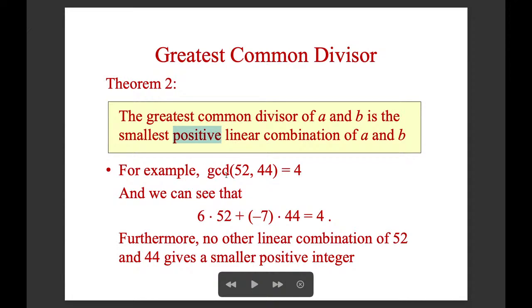For instance, GCD of 52 and 44, by using our primary school knowledge, we can compute it as 4. To see that this 4 can be represented as a linear combination of A and B, we can find 6 times 52 plus minus 7 times 44. After some checking, it is equal to 4, and there is no other positive value that can be expressed as a linear combination of 52 and 44.